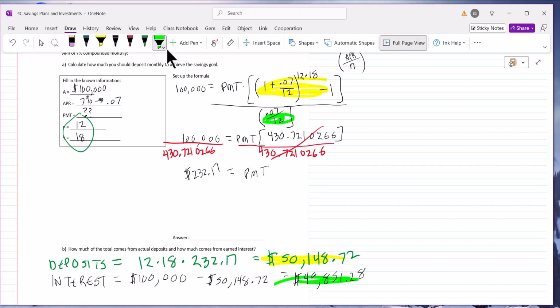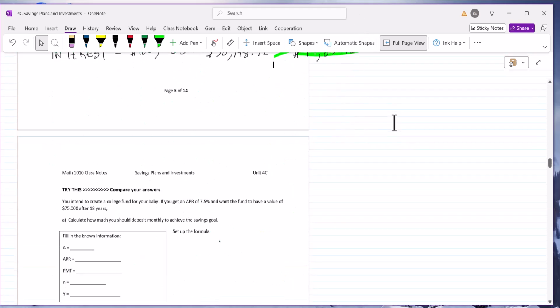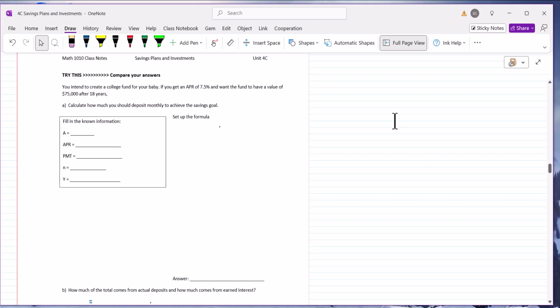So on this problem, your savings goal is 75,000. So that's what your A is. And just get it set up. I'll write down the formula just in case you need to look up here and refer to it.